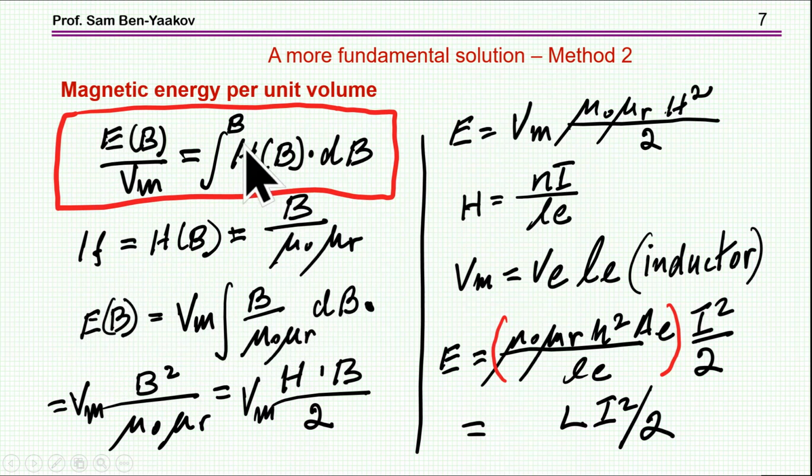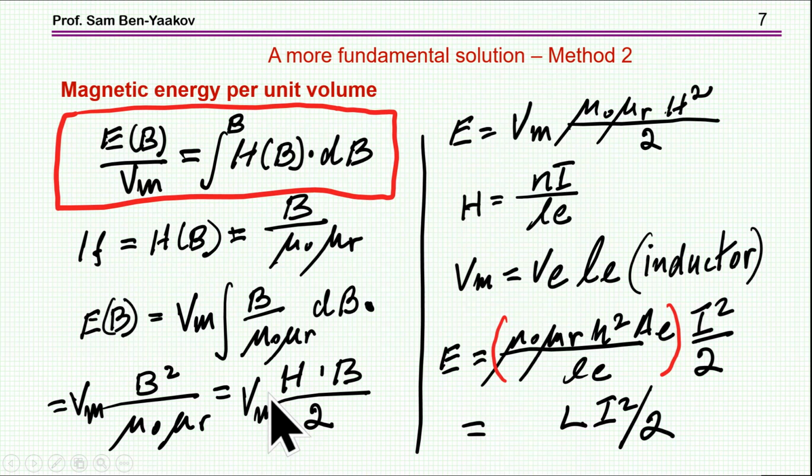I have replaced H with B over mu, and this comes out to be B squared over mu 0 mu r times the volume. And of course, you can replace B over mu by H, and this is a very familiar expression, HB over 2. This is per volume, and if you multiply it by the volume, this is the energy stored in this volume.